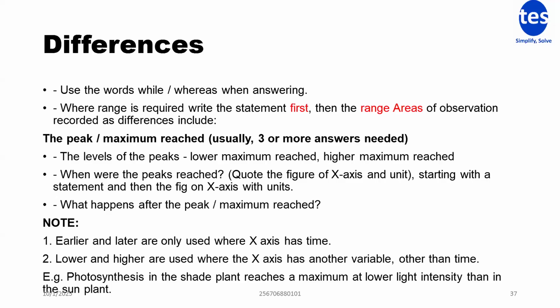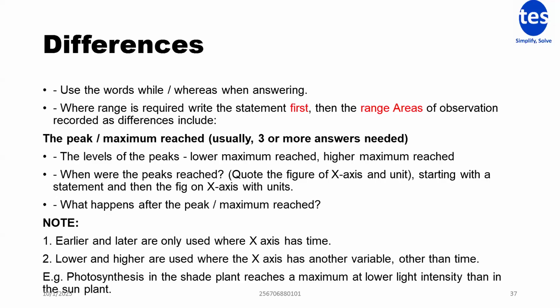Let's say, for example, the respiratory rate attains a higher peak, while the sugar content attains a lower peak. If it is in terms of time, what before the other, then we say maybe the respiratory rate attained an earlier peak, and the sugar content attained a later peak.